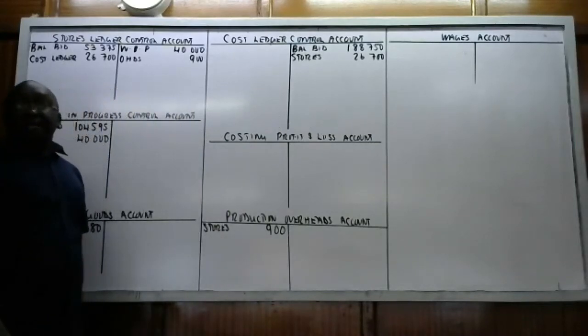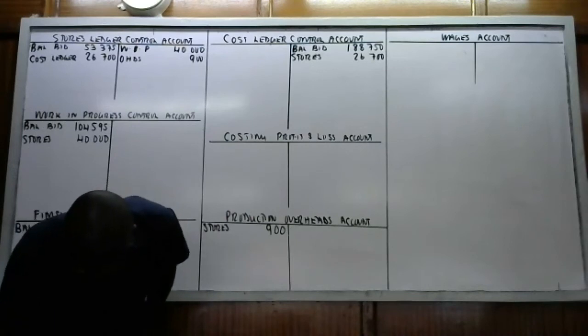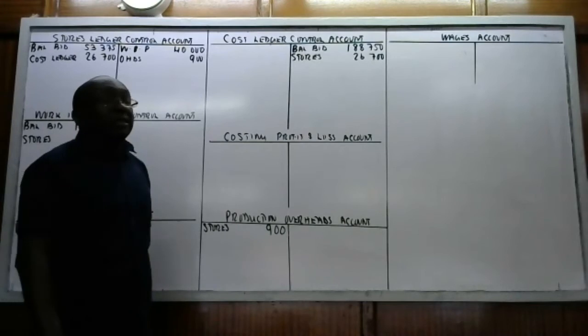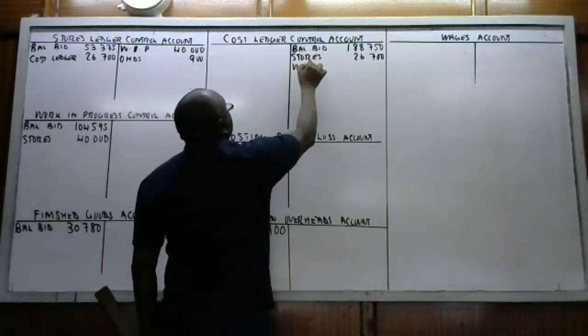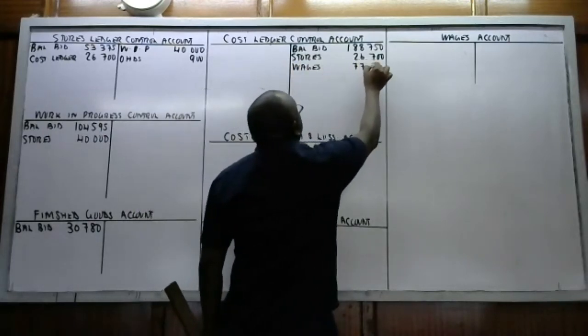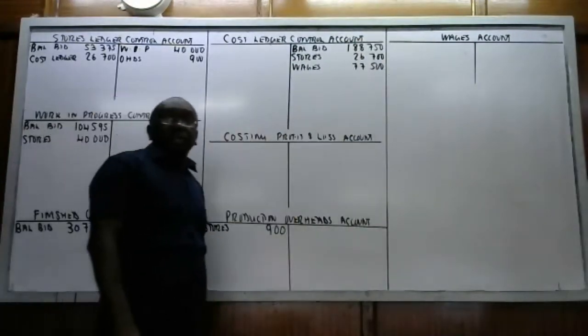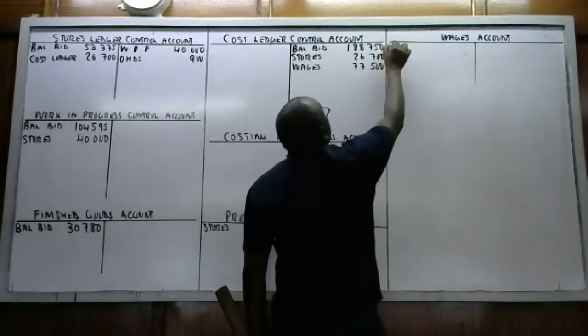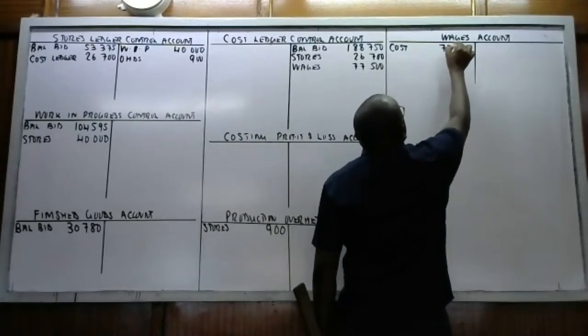When you pay wages, you debit wages account and credit the cost ledger. The wages that were paid are 77,500. So let's start here with the cost ledger, because of the wages, 77,500. Then we go to the wages, debited because of the cost ledger, 77,500.